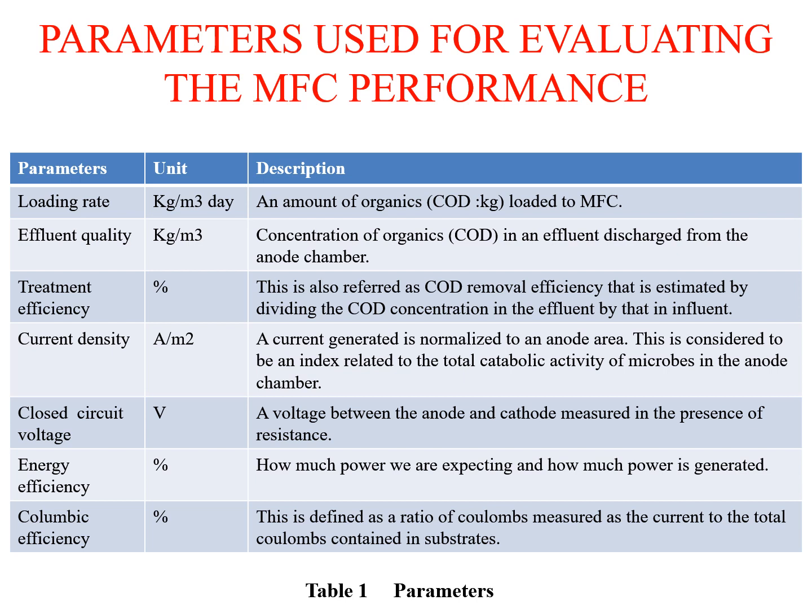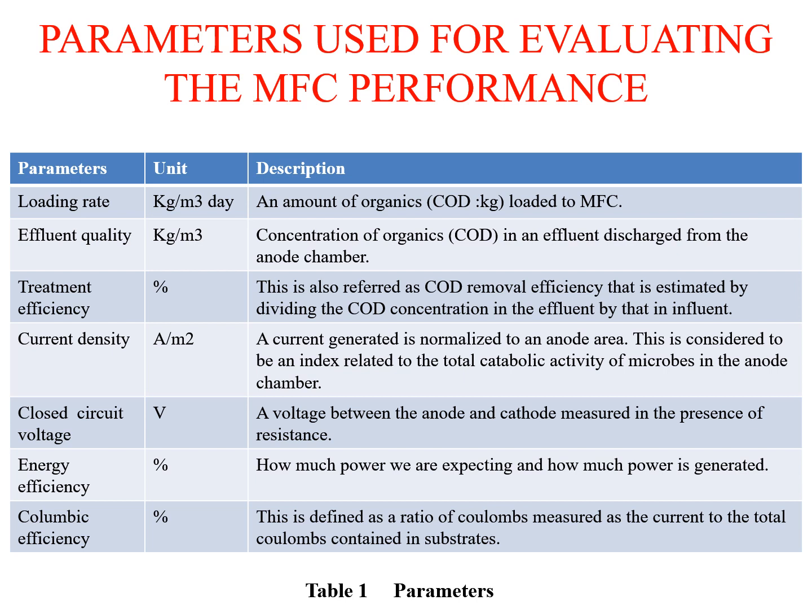Closed circuit voltage. Unit is V. It is the voltage between the anode and cathode measured in the presence of the resistance. Energy efficiency, and it can be expressed as a percentage. This is how much power we are expecting and how much power is generated.